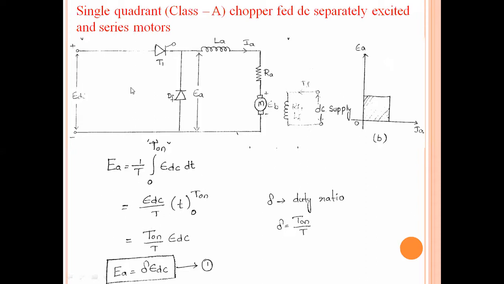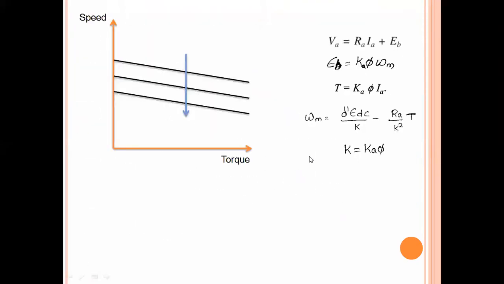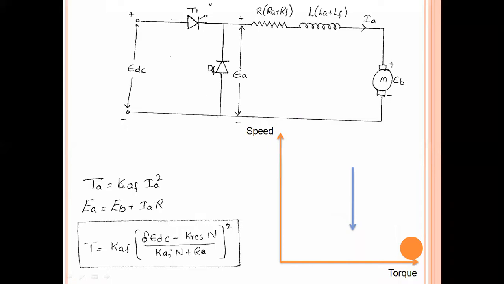The average equation is also the same, because the circuit is the same; only the load is changed. That is the reason I kept the heading as single quadrant chopper for DC separately excited and DC series motors. Operation, waveforms and the average equation are the same. The only difference is the torque speed characteristics.